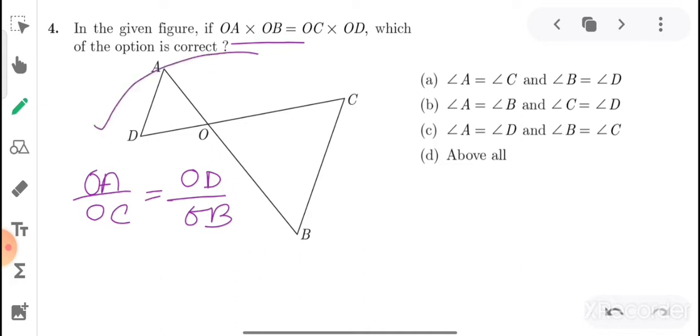From this equation, if they are equal, these sides are corresponding sides, and we have to find out the similar angles.